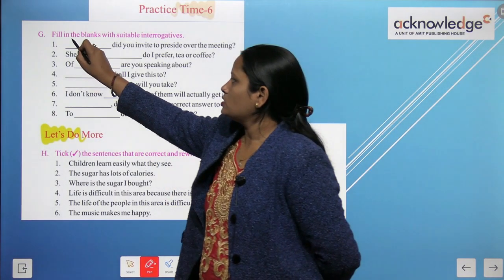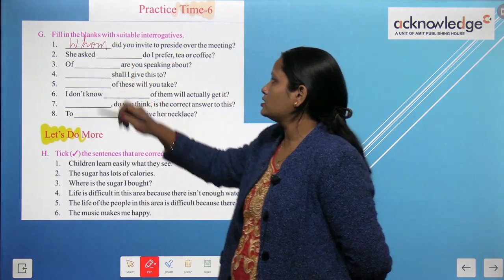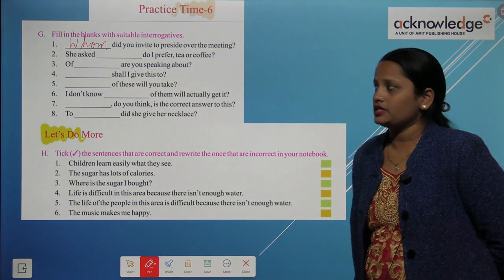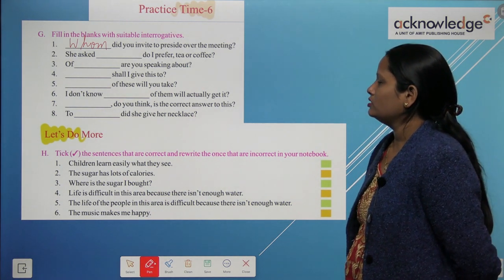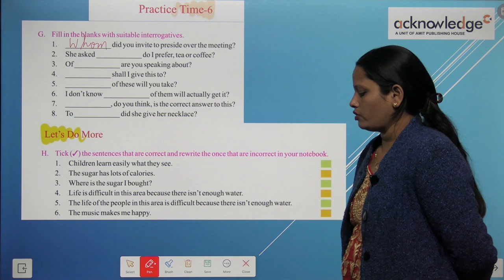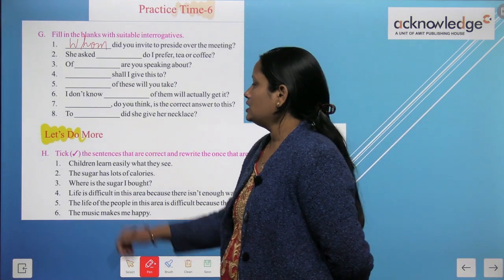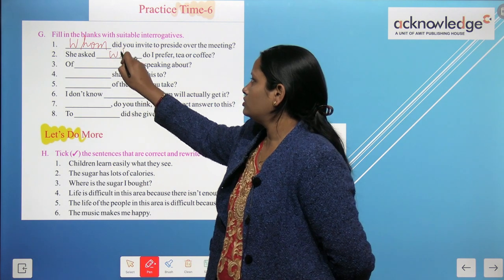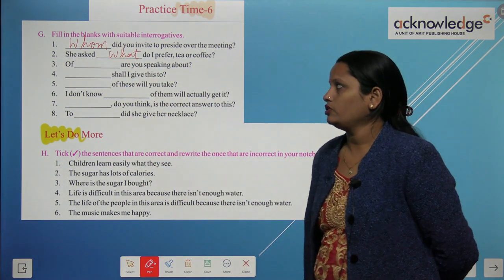So the answer is whom did you invite to preside over the meeting? Now she asked dash do I prefer tea or coffee? So here what we are going to write? She asked what do I prefer, tea or coffee?